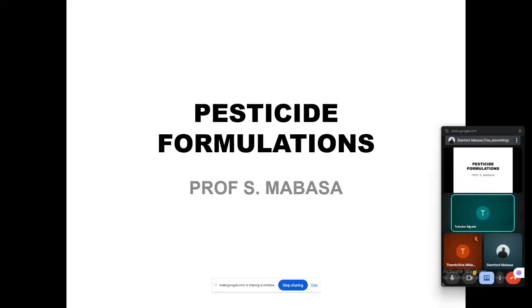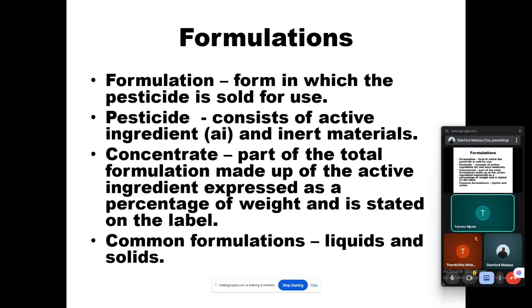So pesticide formulations. Formulation is the form in which the pesticide is sold for use. Pesticide consists of two things maybe: active ingredient and inert materials.